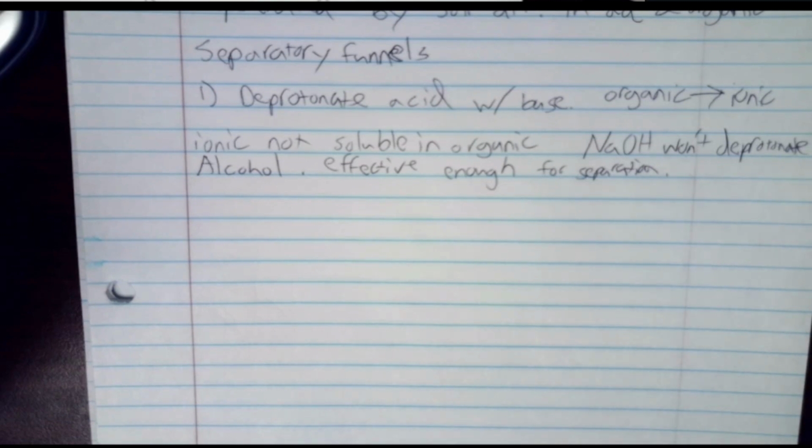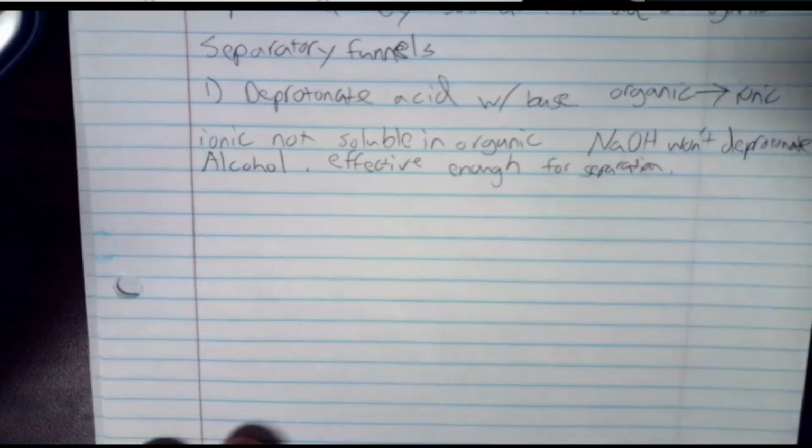And then we could go on and reprotonate, put a weak acid in there to reprotonate our acid, and then the solubility changes again, and we can get an organic. Maybe we're going to use some sodium sulfate to dry up the rest of the water or whatever.